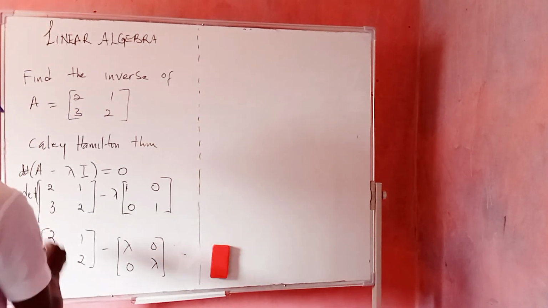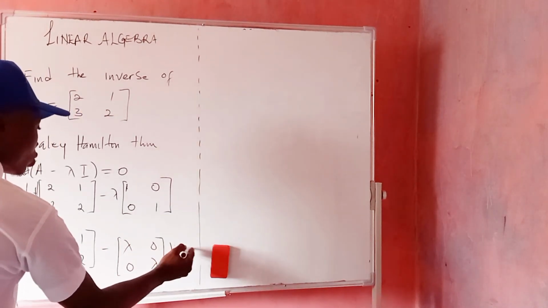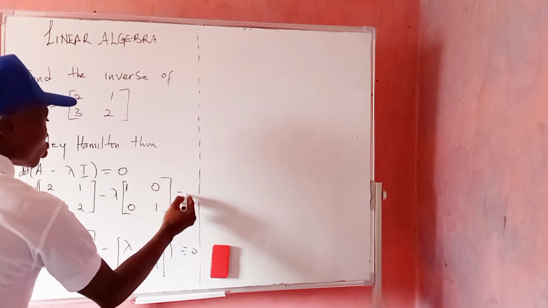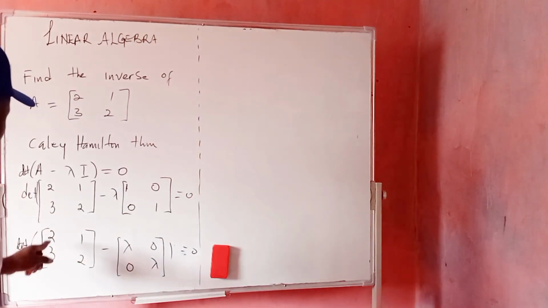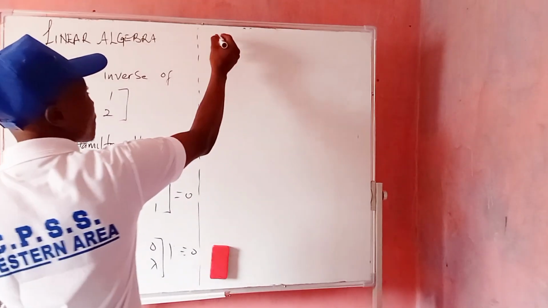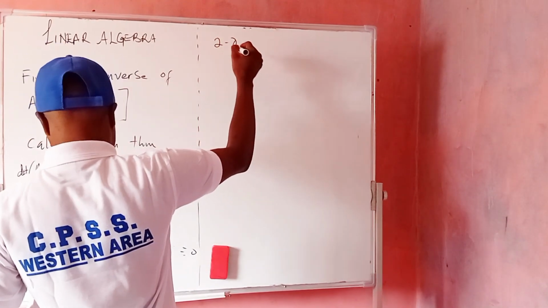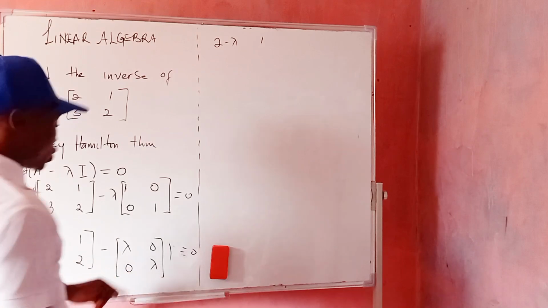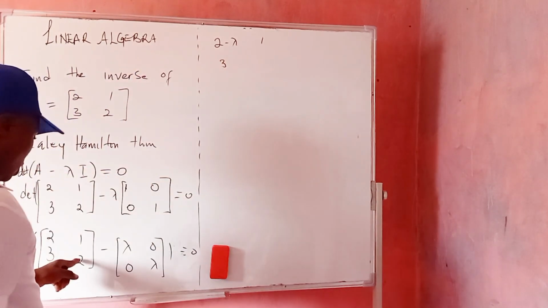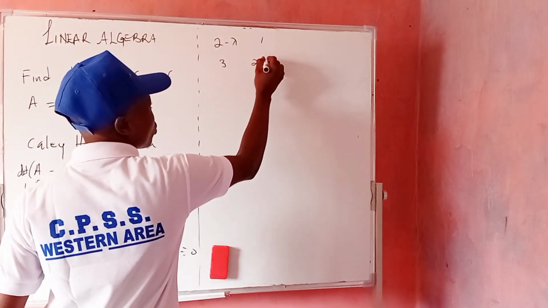But don't forget, at the end of the day, we say the determinant should be 0. We should find the determinant. So, 2 minus lambda, then 1 minus 0 is 1, and 3 minus 0 is 3, and 2 minus this other lambda is 2 minus lambda.